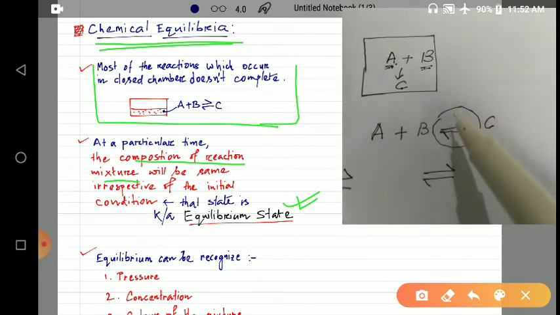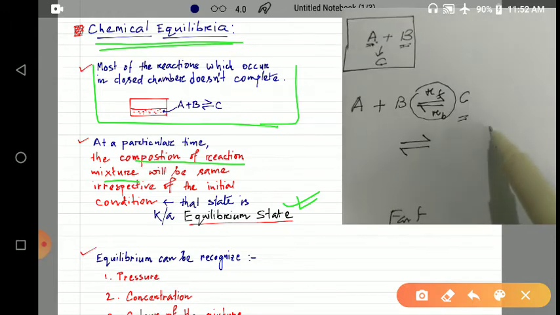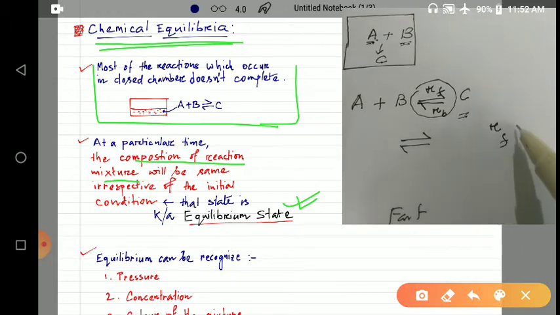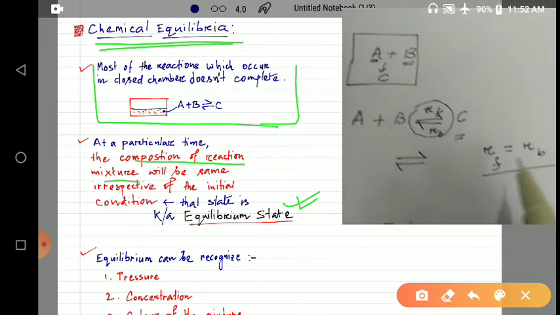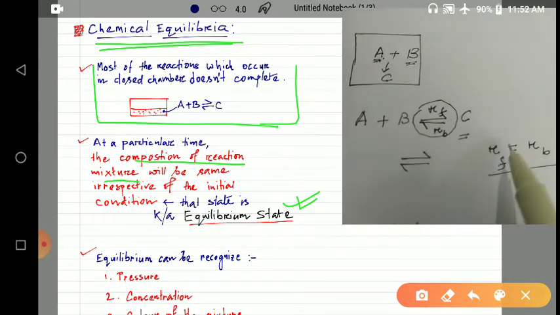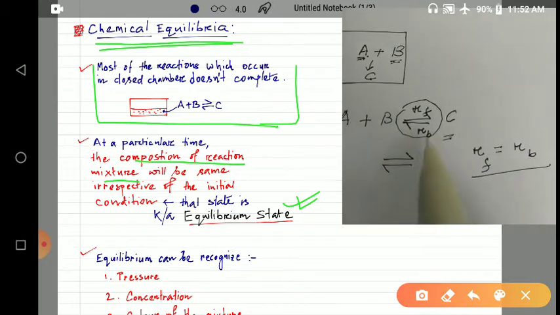Suppose the rate of the forward reaction is RF and the rate of the backward reaction is RB. So at some time, the forward rate equals your backward rate. That means at that point no net reaction will occur because these rates are equal.